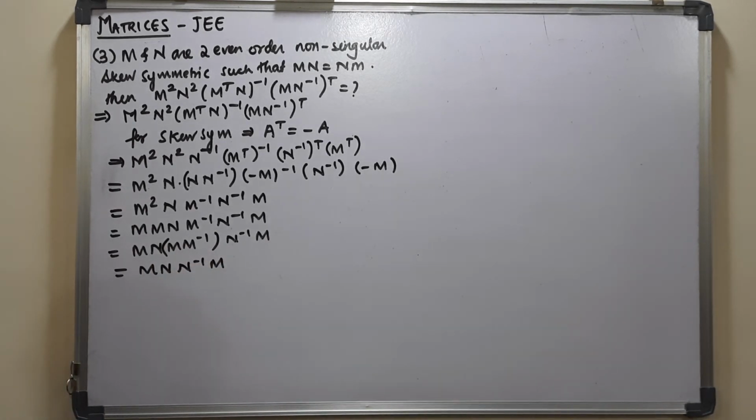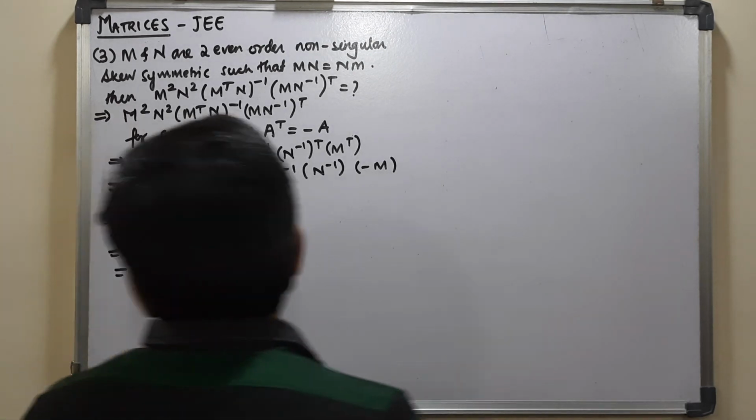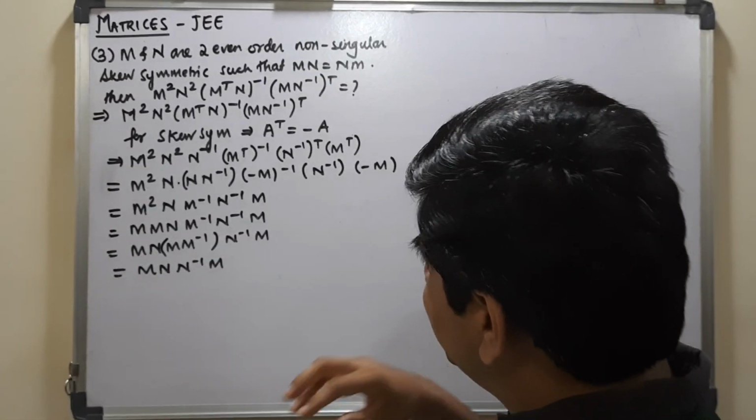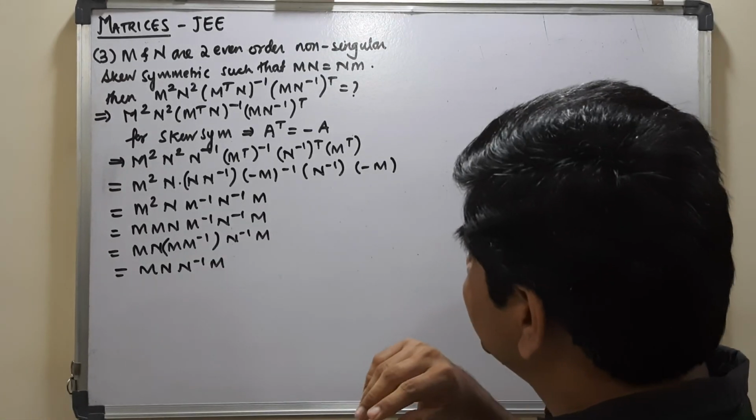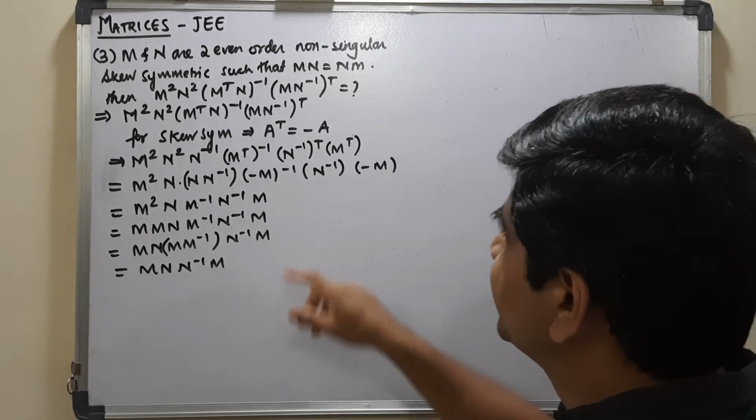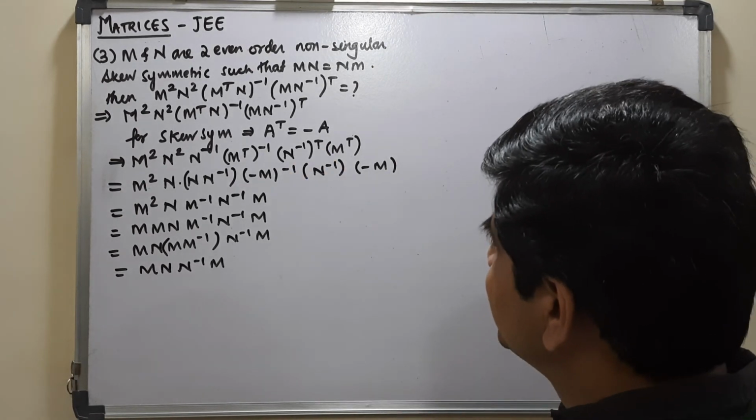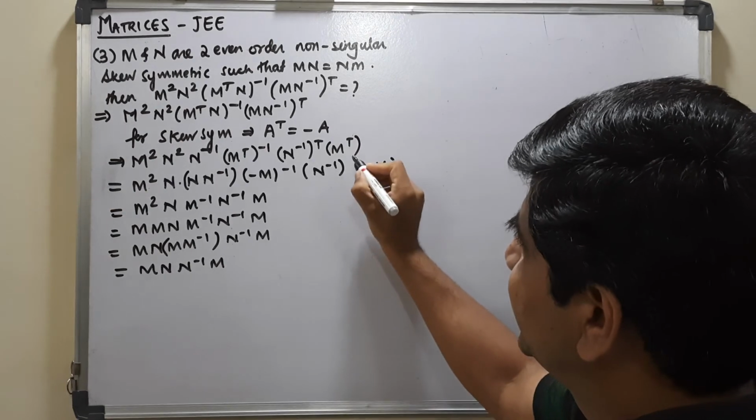If you see here properly, there is a most important concept to be seen. Now with this I will get M square, but let me check. Okay, I got it: it was N inverse transpose which I forgot to write in the next step.